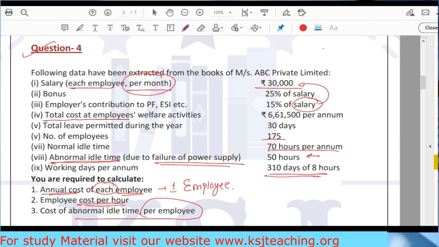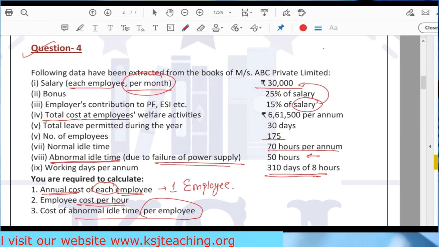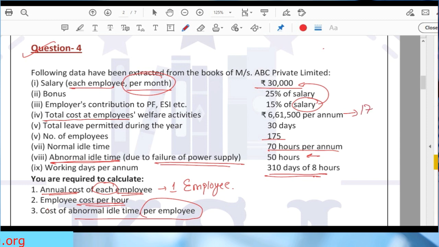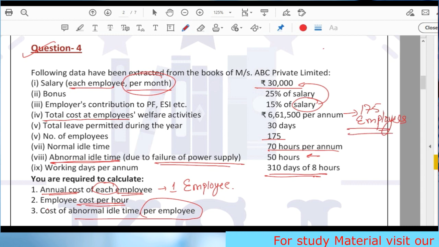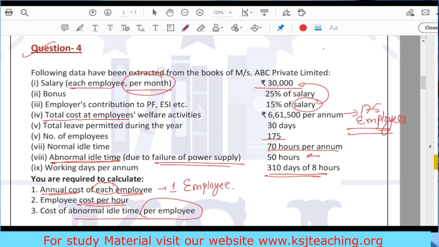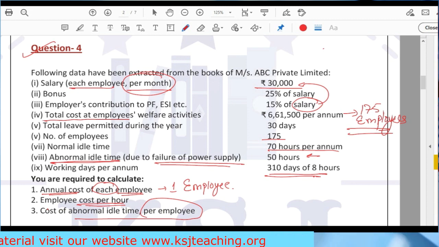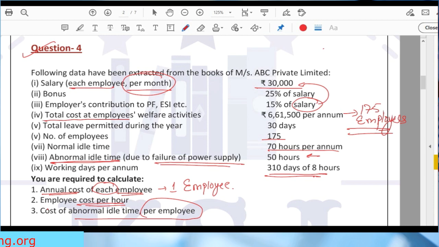What is written? Total cost of employees' welfare activities. That means this cost is for 175 employees. What you are calculating is the cost for one employee, right? So this is one point where you can actually make a mistake.